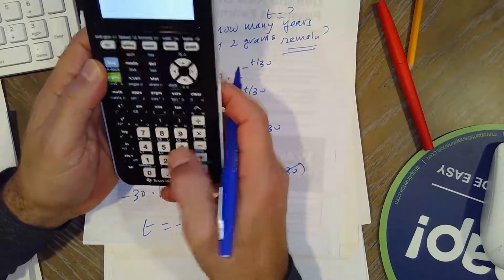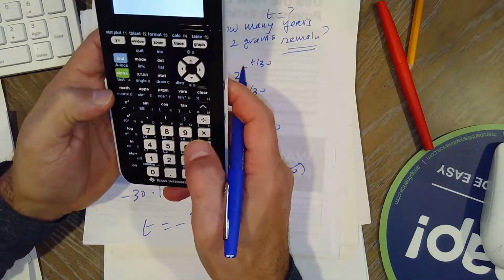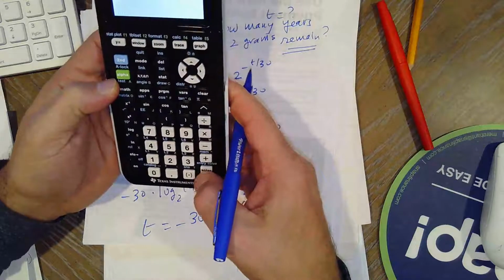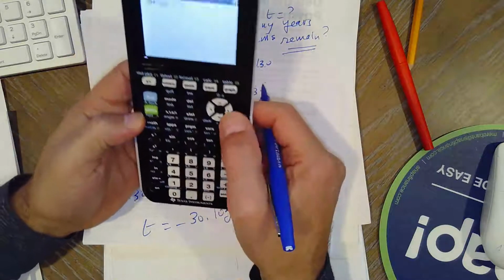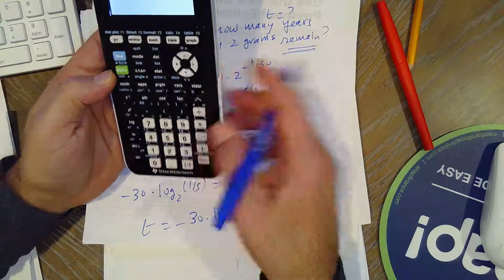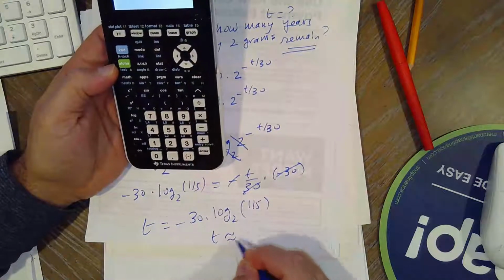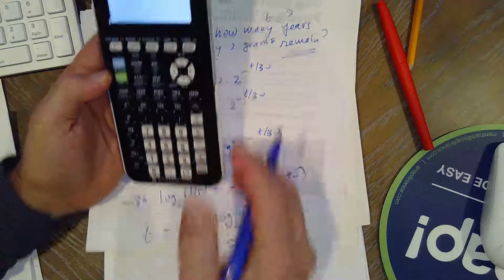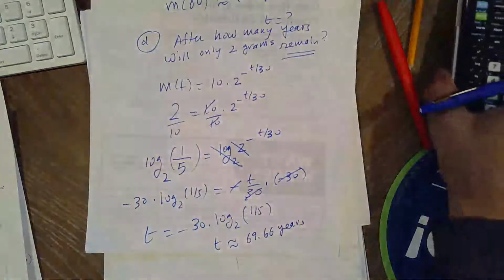So negative 30 times, we're going to go to math and then go down to log base 2 of 1 over 5. And in about 69.66 years, that would happen.